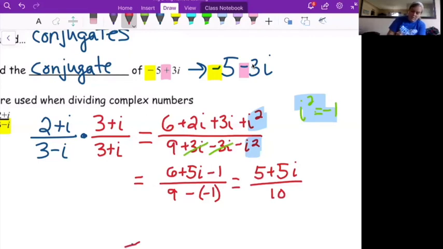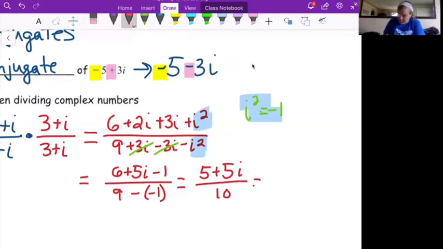Now, the thing is, this can be simplified. We can divide everything by 5. So if I pull a 5 out here, this would be 1 plus i over 10. Wait, dividing the numerator and the denominator by 5, our answer would be 1 plus i over 2.